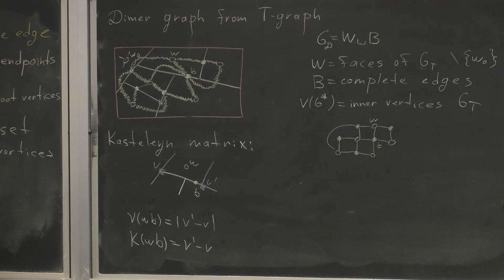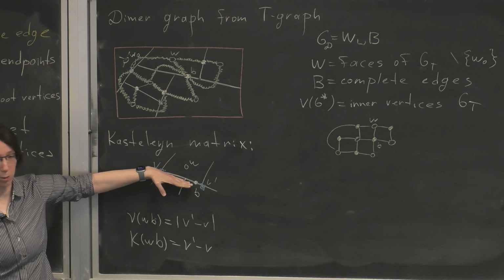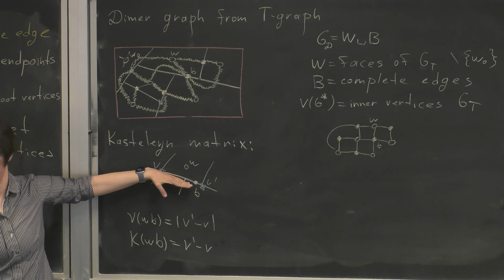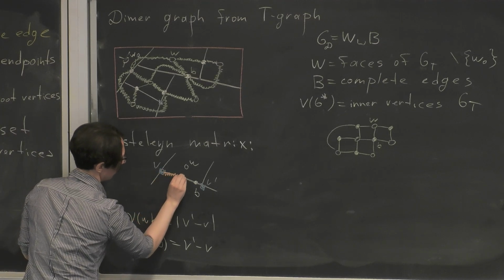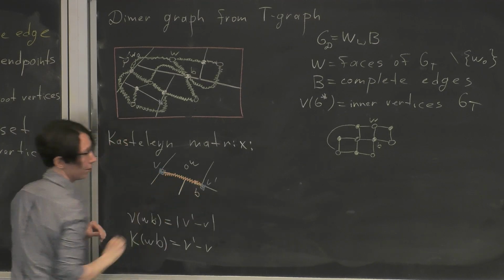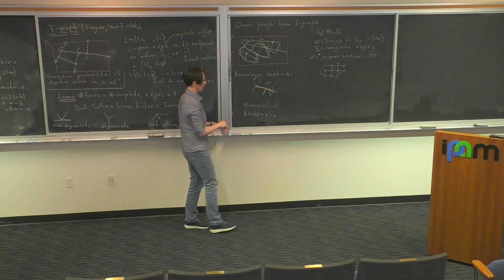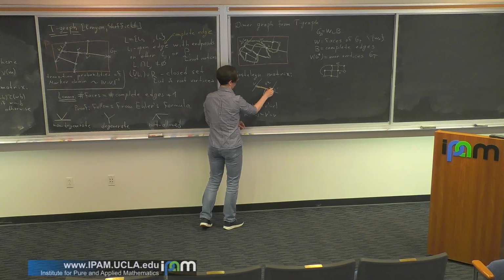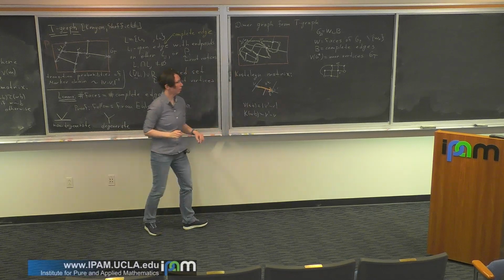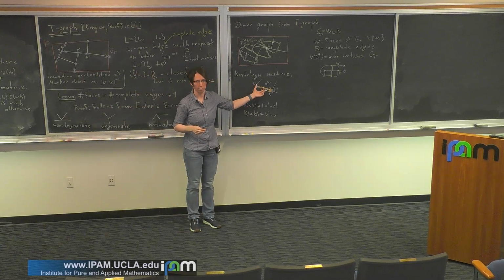So what I'm doing is looking at this white face, and at the corresponding adjacent black edge, and we look at the piece of the edge which is the side of the corresponding white face. And we say that the corresponding complex weight is just this vector, this complex number. I need to decide which direction to orient this edge.